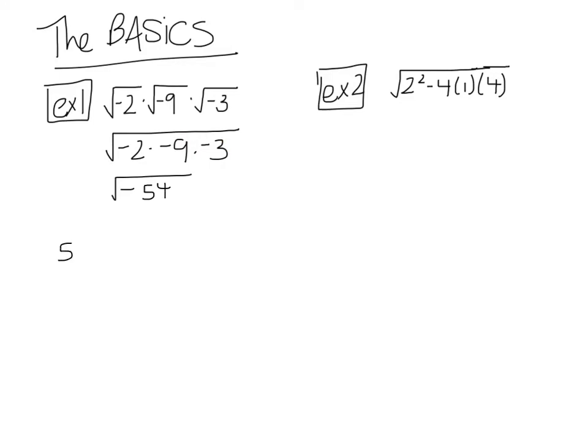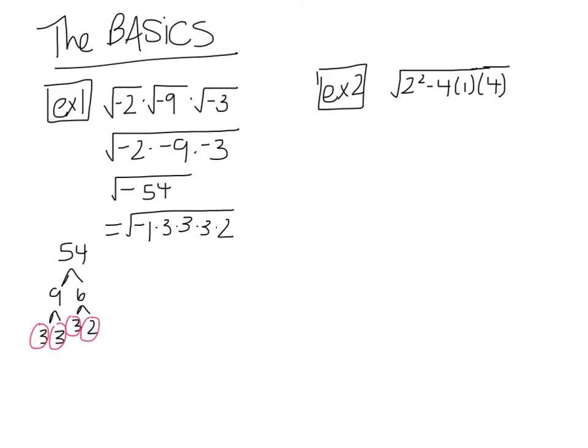Now I'm going to take my 54 and find any pairs that are hiding in there. That's a 9 times 6, 3 times 3, and 3 times 2. That means I've got 4 values in there. Now pay close attention to what I'm going to do here. I'm going to say this is 9 times 3 times 3 times 3 times 2. Now hopefully you agree that if I multiplied 3 times 3 times 3 times 2, I get 54. And if I multiply by negative 1, I get negative 54.